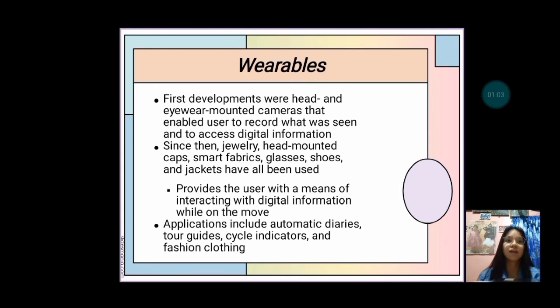Since then, jewelry, head-mounted caps, smart fabrics, glasses, shoes, and jackets have all been used. It provides the user with a means of interacting with digital information while on the move. Applications include automatic diaries, tour guides, cycle indicators, and fashion clothing.